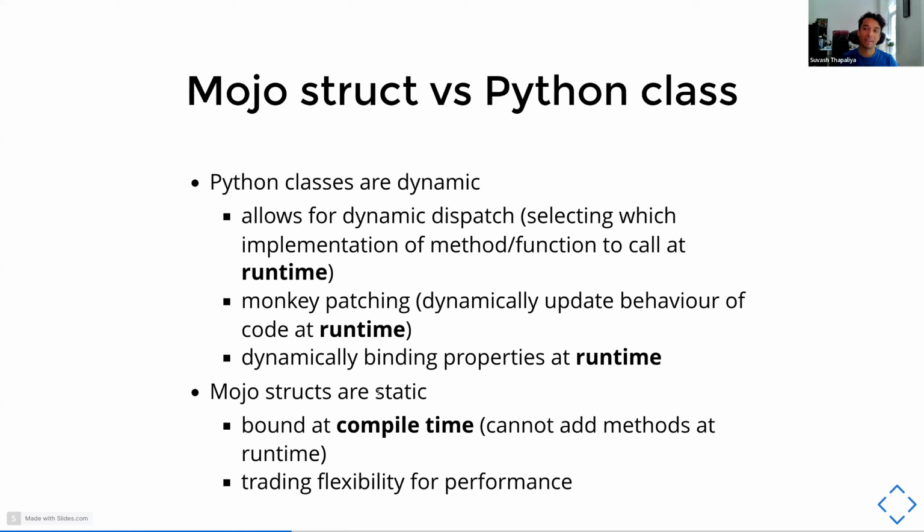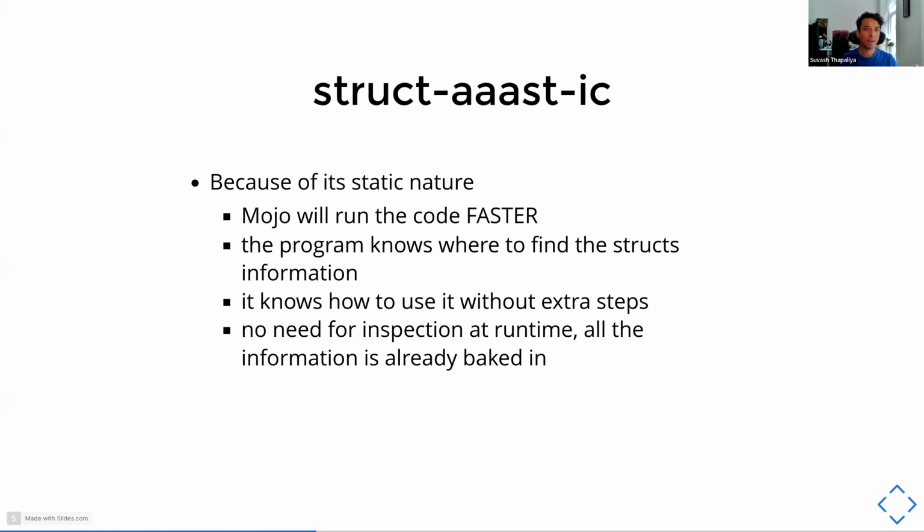Everything that you want in a Mojo struct, you have to define, which the compiler will check at compile time, and then it will not let you add things or change things or modify things. This might seem like a downgrade, but it's trading the flexibility to do random things at runtime for highly performant code, knowing exactly where things are and how to get to them fast. So yeah.